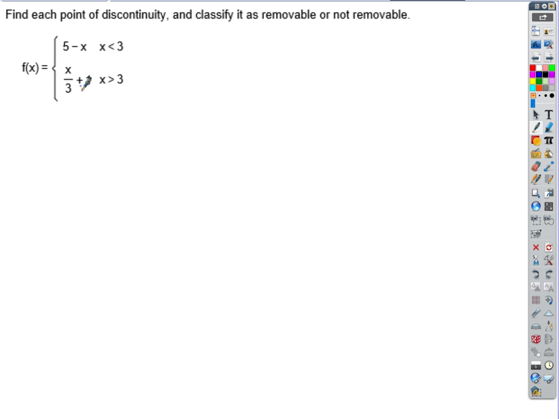It's only at the junction where they may or may not join up, so that's what we'd have to investigate. How would we know if there's a discontinuity there? Well, there definitely is one. How do we know right away? The function's not defined at 3. So there is a discontinuity at x equals 3, for sure.